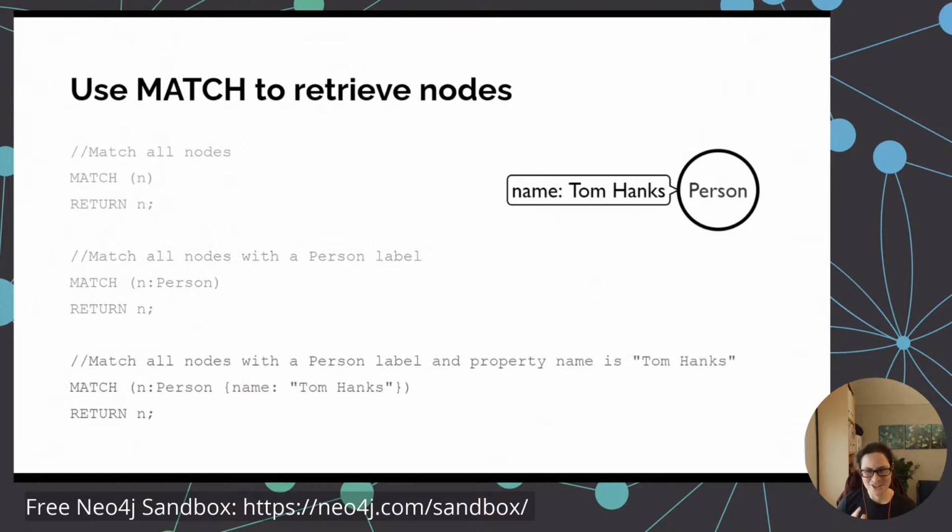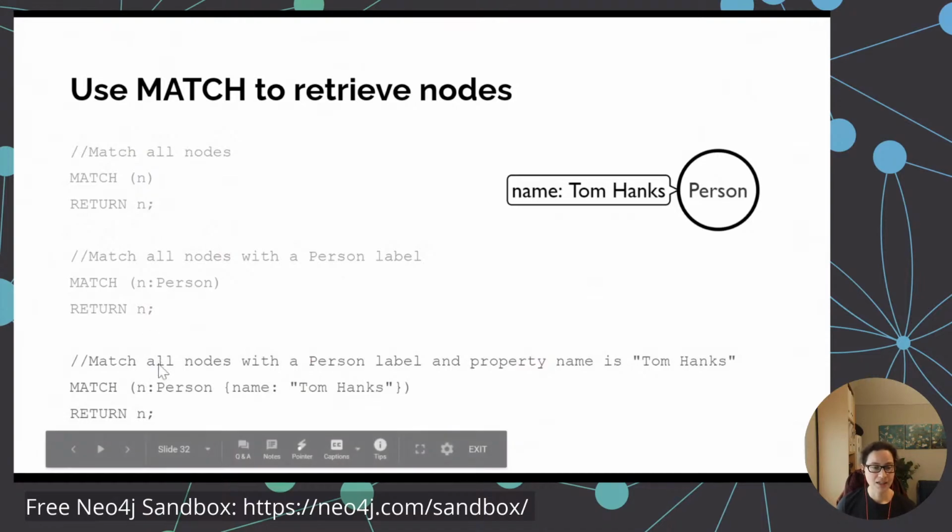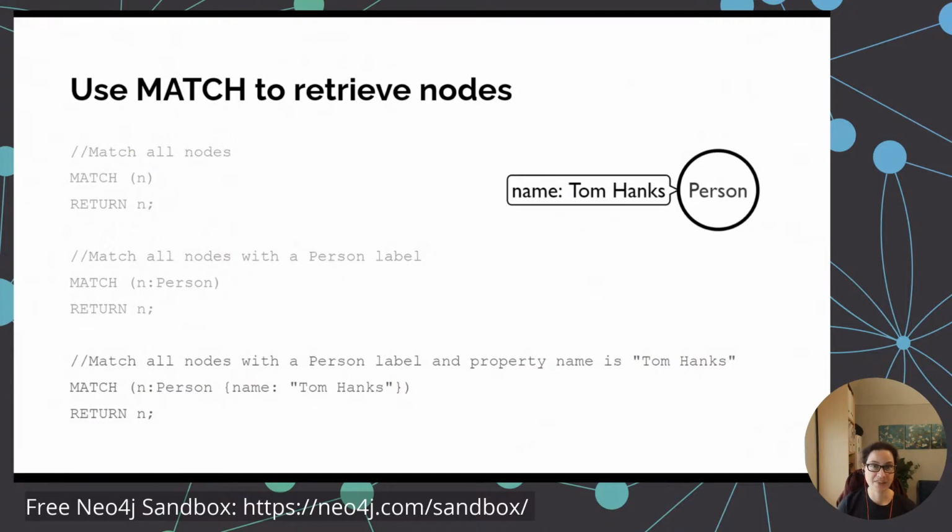If I go, well, actually, no, I don't want to return every single person node in my database. I want to return all my person labeled nodes that have a property of name with Tom Hanks value. Okay, so what we can do here is we say, well, again, round brackets, because we're matching nodes, match n, our variable, with the label of person, and then we represent property variables with the curly braces, and this is the same for both relationships and nodes.